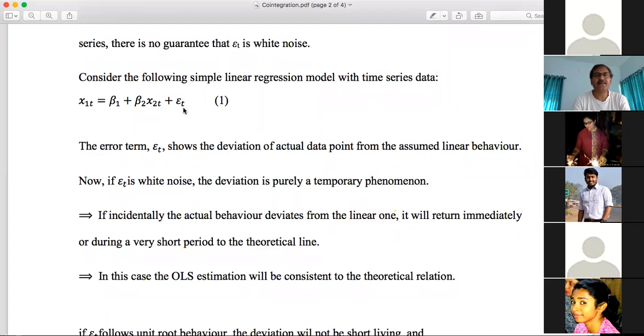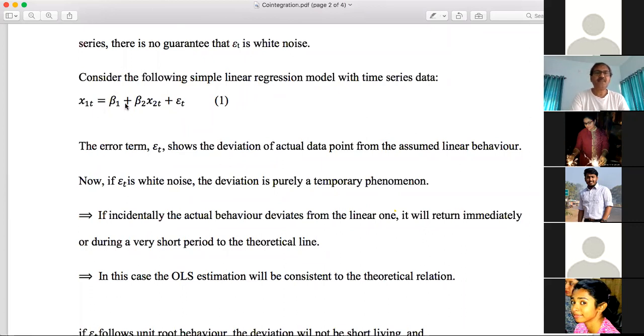The error makes the deviation of the actual data point from the linear behavior obtained from the theory. So the presence of epsilon indicates the deviation of the actual data point from the theoretical relationship we have specified.